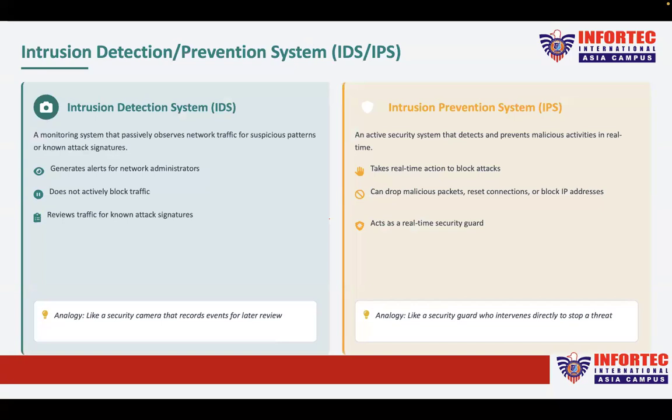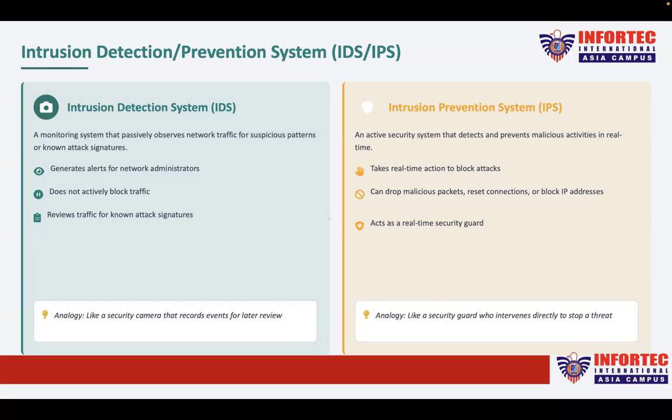And I would like to discuss more about the intrusion detection and prevention system. The intrusion detection system detects if someone tries to do something to the network, or if someone tries to illegally take data from your computer, that is, a data breach.